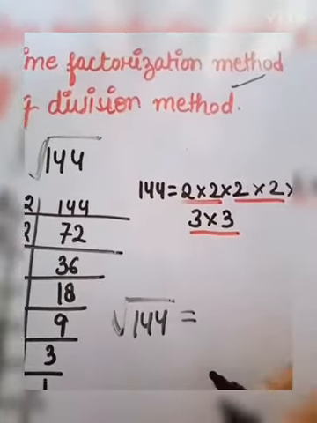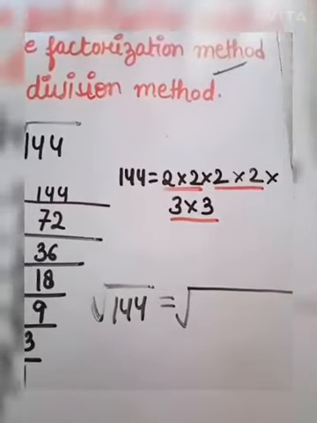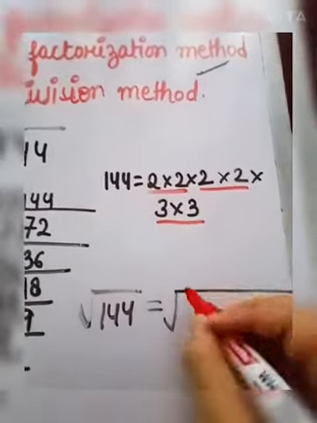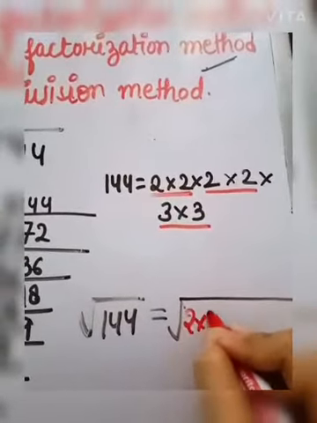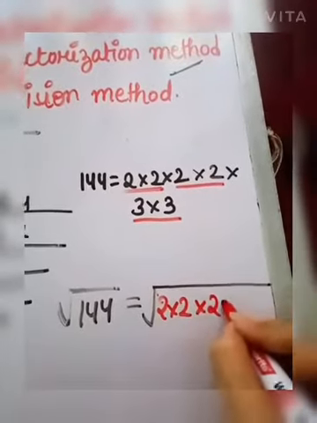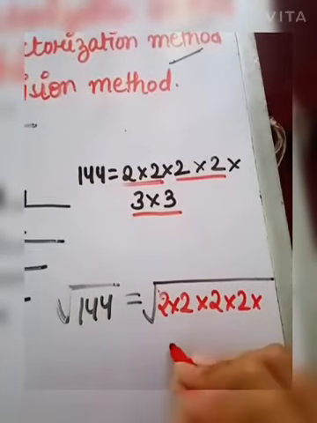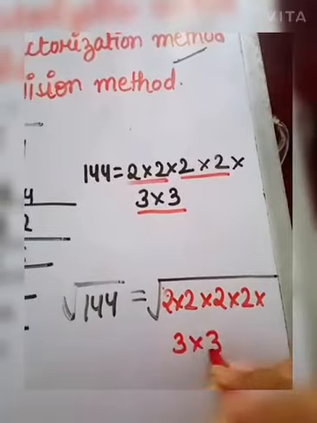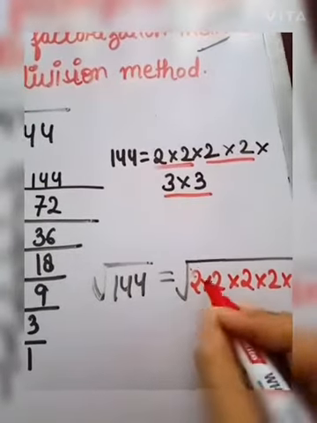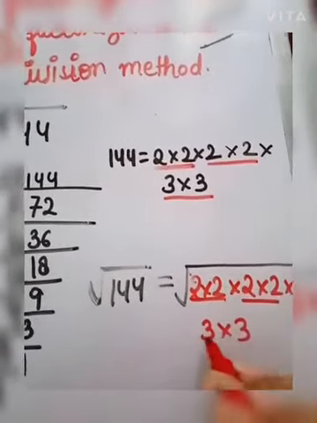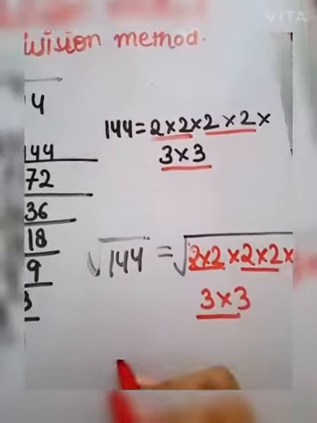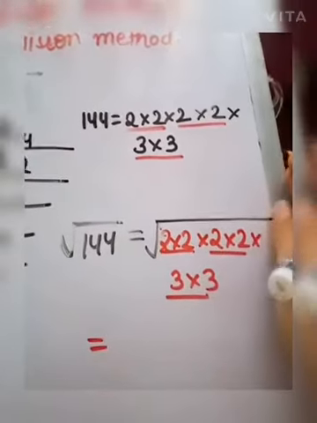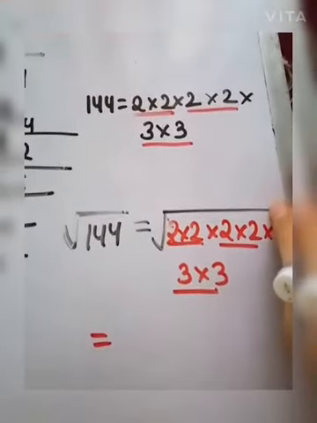Write these pairs inside the root. 2 into 2, 2 into 2, 3 into 3. Okay. After pairing, see, now we have to remove this root sign.